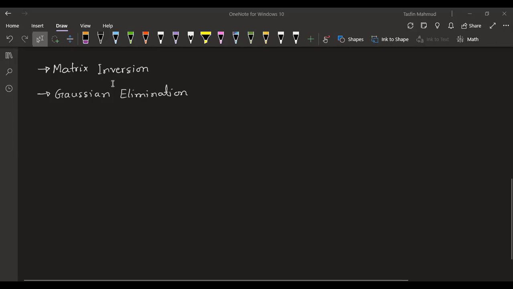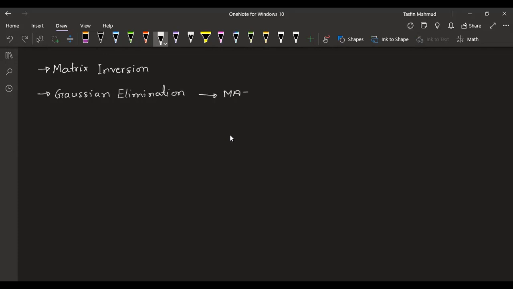We will use this Gaussian elimination to solve systems of equations. So if you have done Math 216 already, things might become a bit easier for you. But if you haven't, no worries. We will go through the topics elaborately, so you don't have to worry about it.